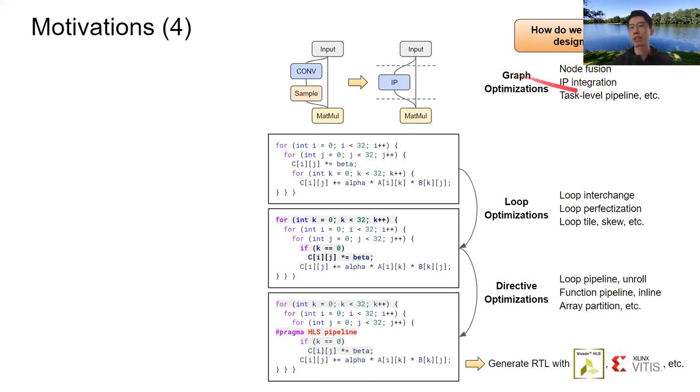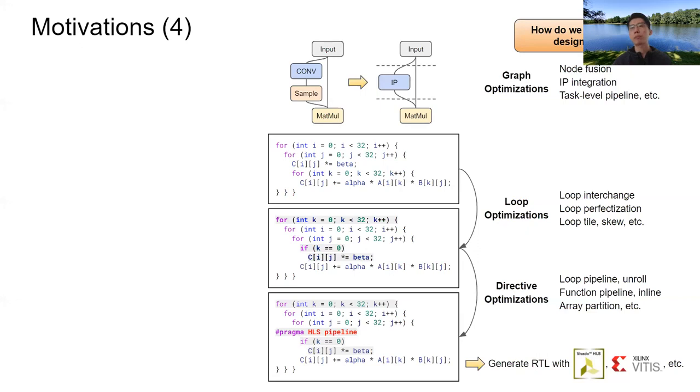Then we can apply something called task level pipeline to make these 3 nodes work in parallel in a pipeline manner. For these high-level optimizations, we can abstract them as graph optimizations. So you can observe, for now, we have 3 levels of optimizations: graph, loop, and directives. All of these optimizations are desired during the procedure of high-level design.